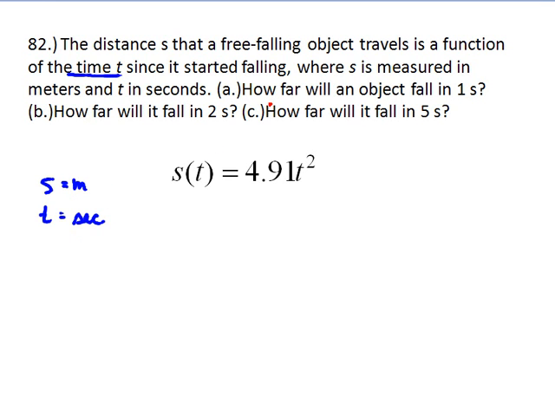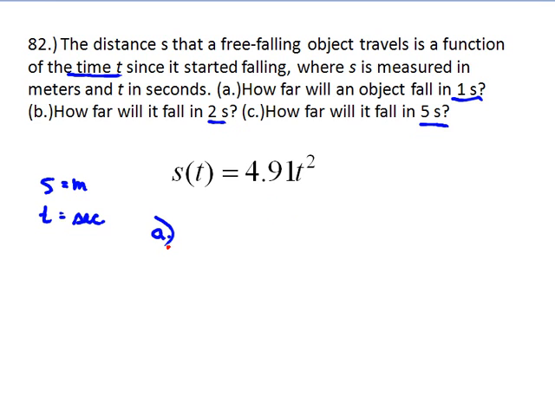A. How far will an object fall in 1 second? How far will it fall in 2 and in 5? Alright. This is our function, 4.91 t squared.